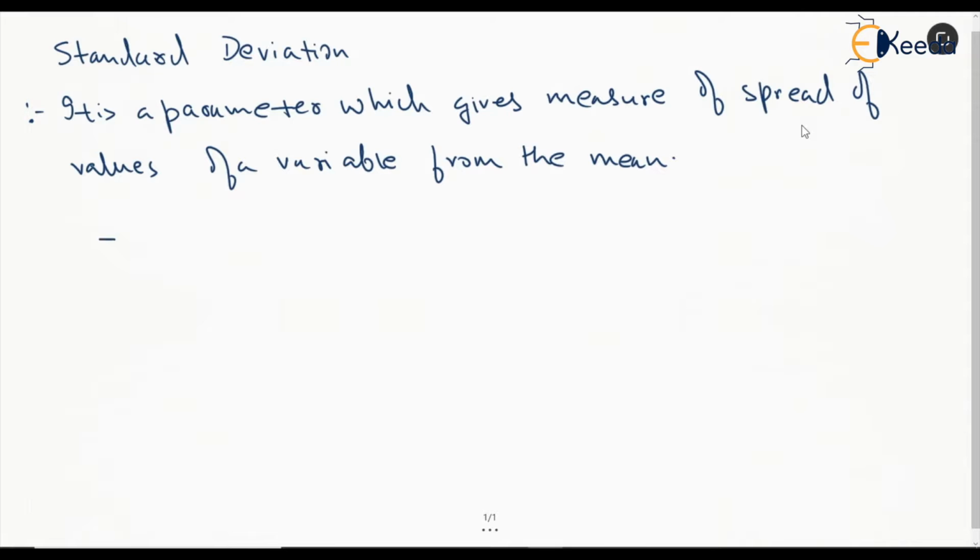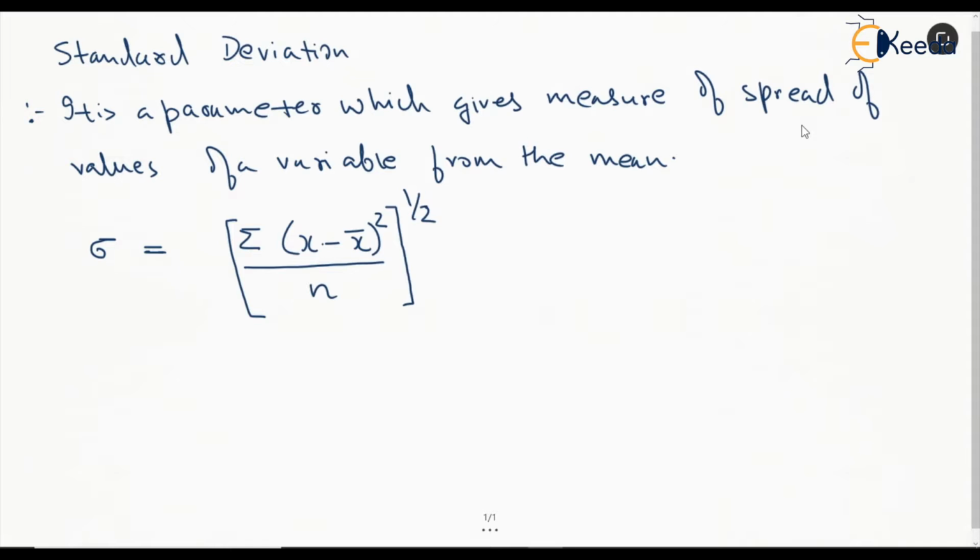The formula for sigma is given as the square root of the sum of (xi minus x bar) squared, divided by the number of data. So xi is like all the values there. x bar is the mean value, n is the number of data.